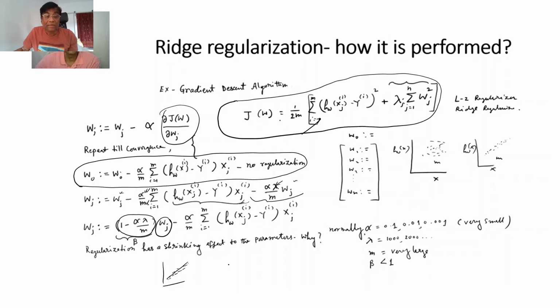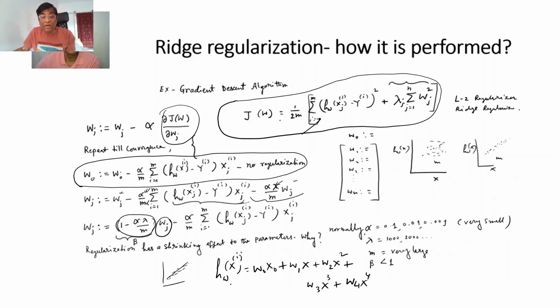Suppose I am designing originally W1 x plus W2 x square plus W3 x cube plus W4 x to the power four.